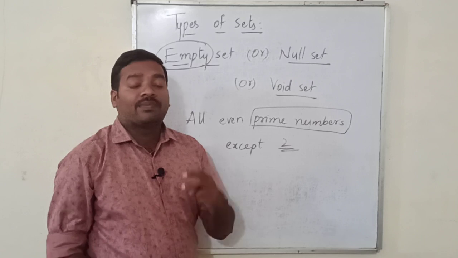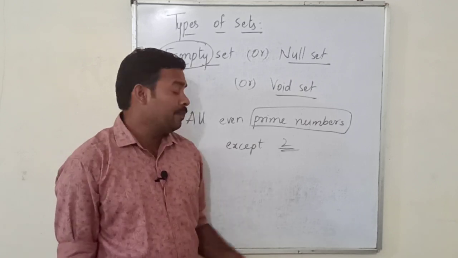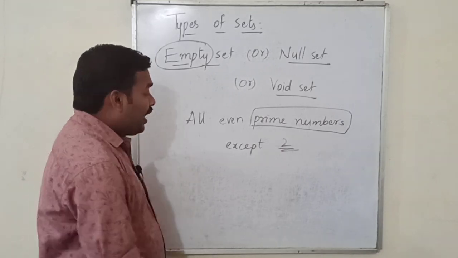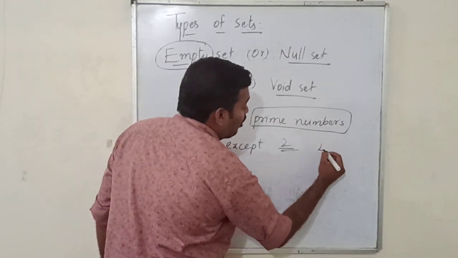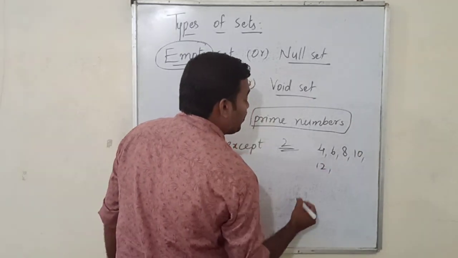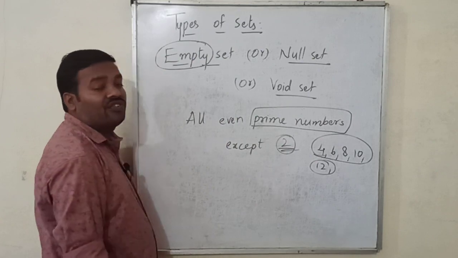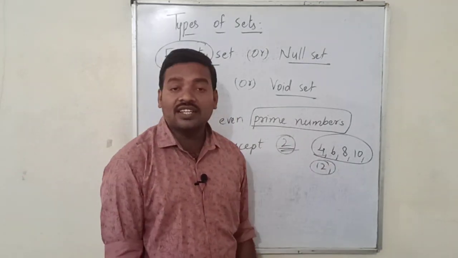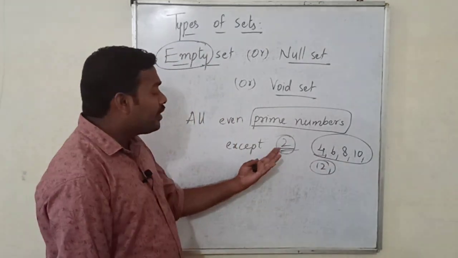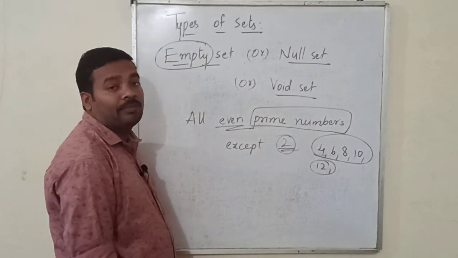That means the number which has only two factors, 1 and itself, is a prime number. Other even numbers like 4, 6, 8, 10, 12 all have 2 as a factor, so they are not considered prime numbers. Other than 2, we can't say any even prime number.